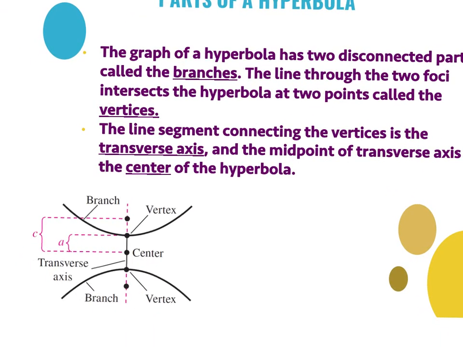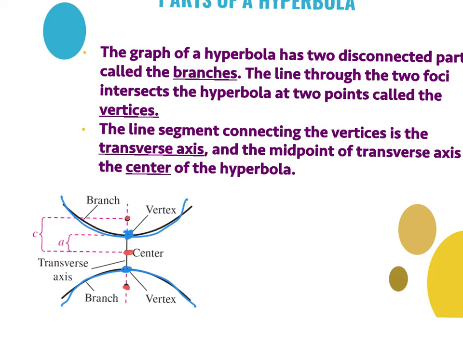So again, we've got our branches here. Maybe I can go over it in a different color. So it looks like a happy parabola and a sad parabola. It's going to have vertices. It's going to have the center, which will be the midpoint between those two vertices. And then it's also going to have some focus points.